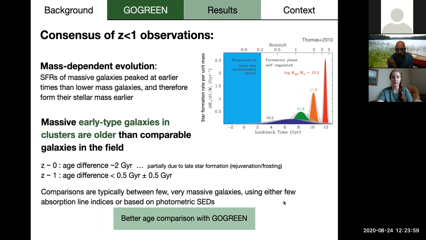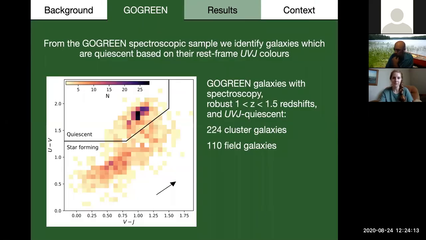So this is a great position for GOGREEN to be in because we have this huge sample of galaxies over a wide range of masses. We have the photometry as well as the spectroscopy, and our signal to noise is fairly good. Okay, so what I do in this project is identify the quiescent galaxies in GOGREEN.